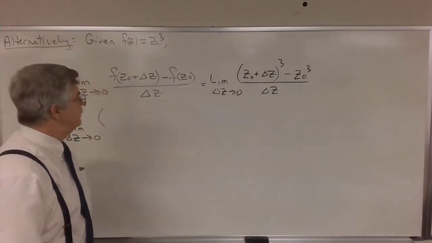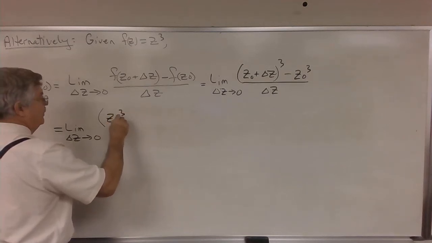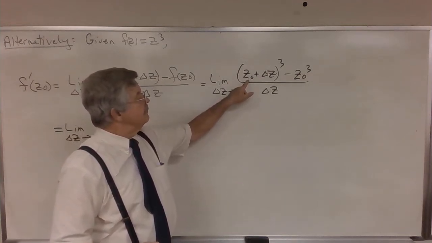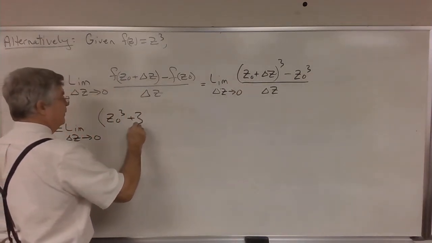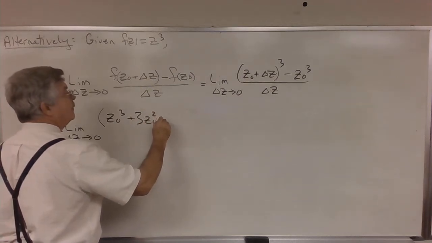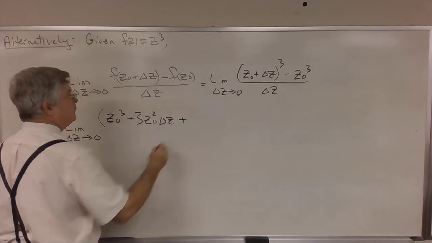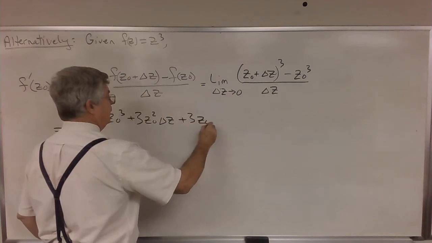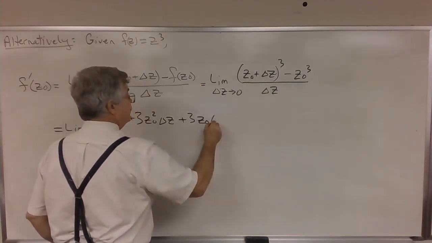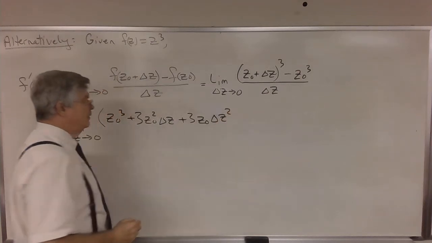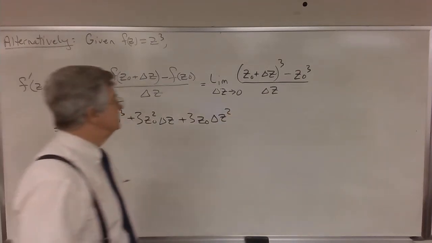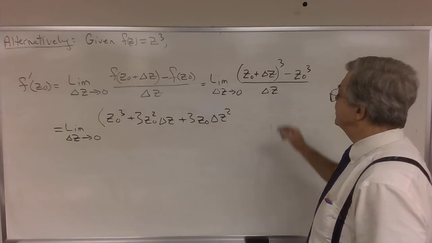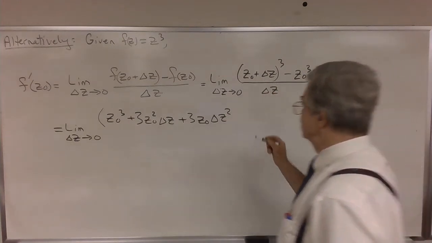So we get the first thing cubed plus 3 times the first squared times the second plus 3 times the first times the second squared plus the second cubed.